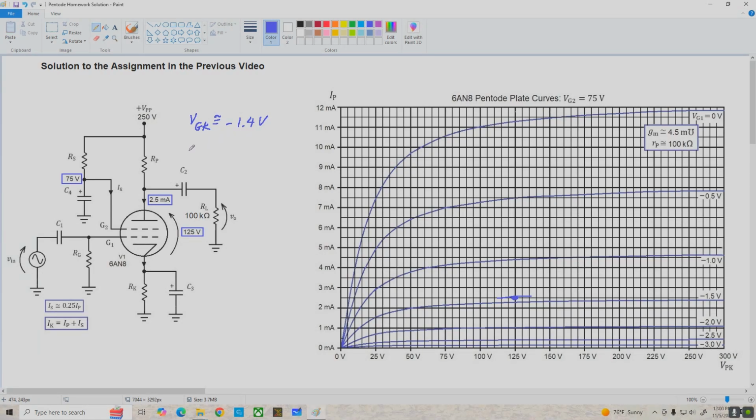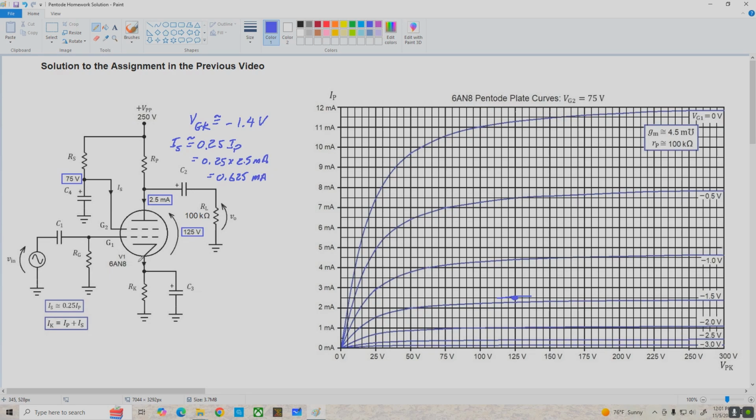Next, I'm going to determine the screen grid current, and we'll just use the rule of thumb where I sub S is approximately equal to 0.25 times the plate current, so that's 0.25 times 2.5 milliamps, which is 0.625 milliamps.